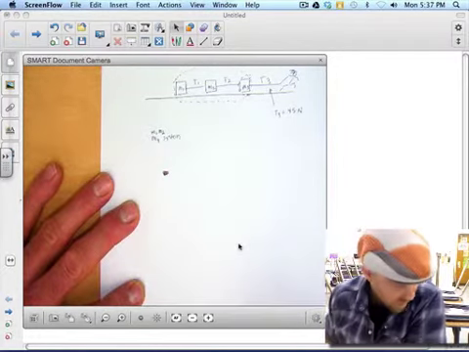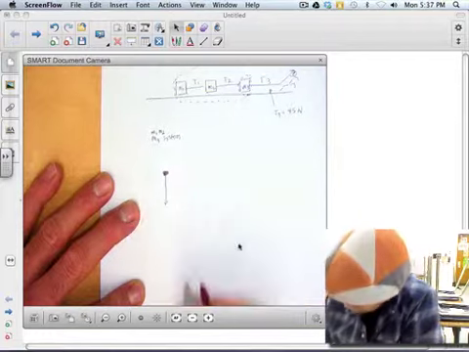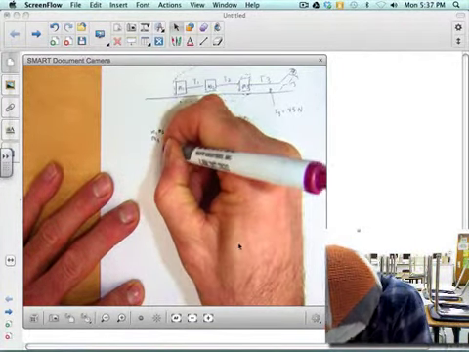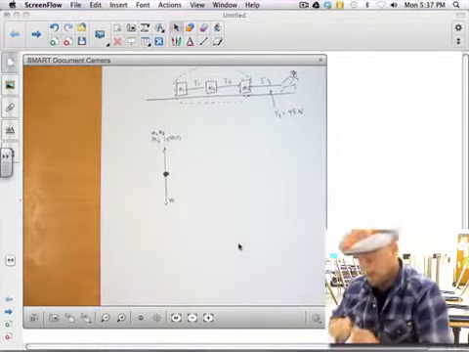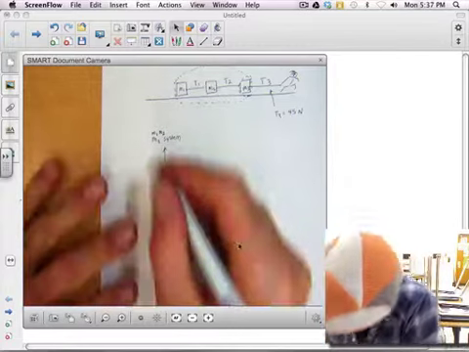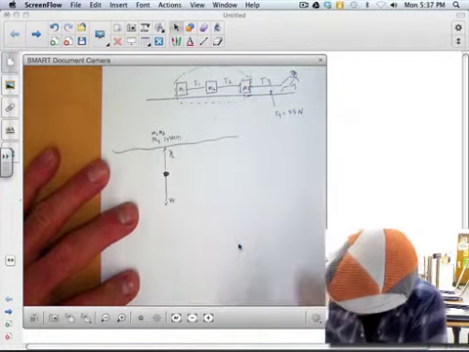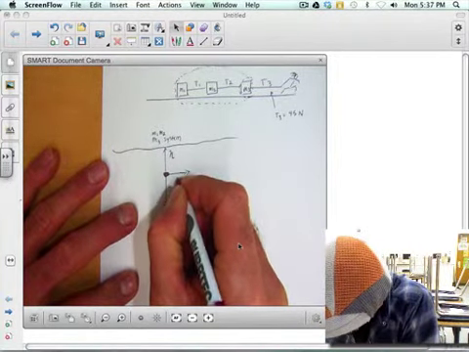So I'll have weight going down, and I'll have normal force going up. And I'll have T3 pulling to the right.